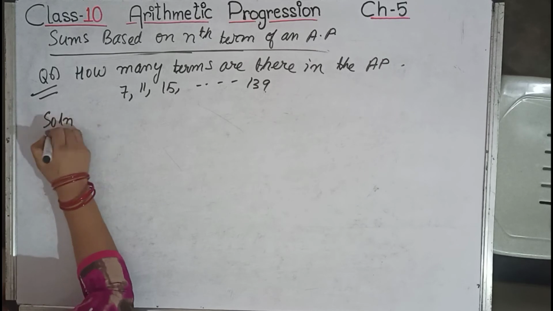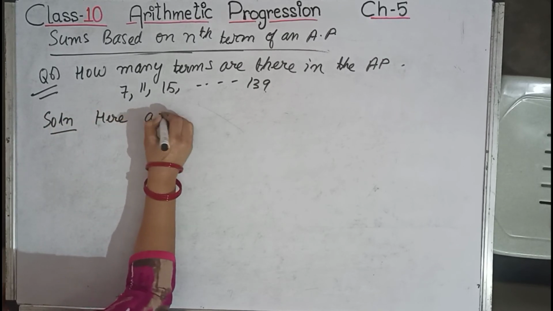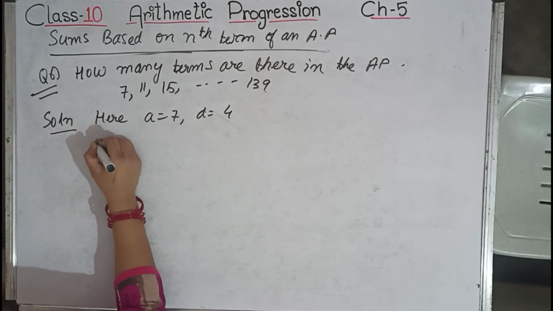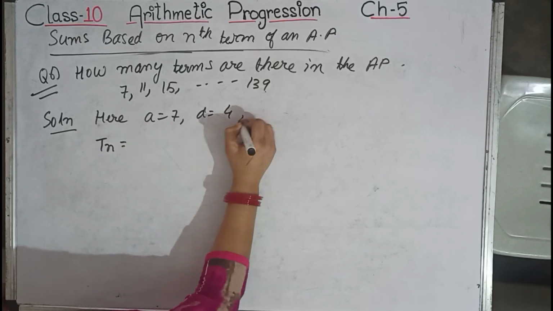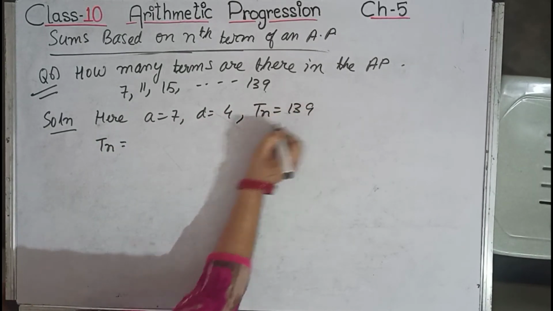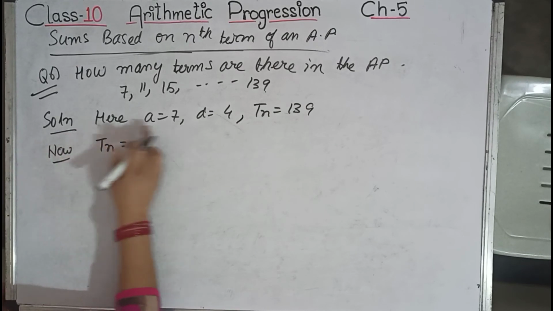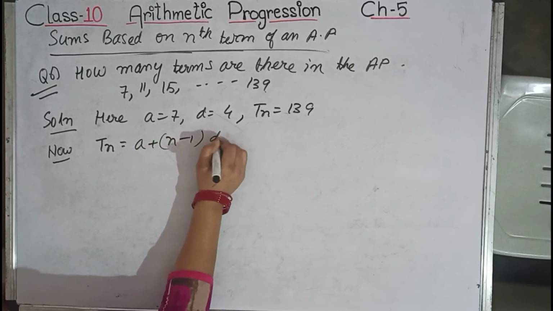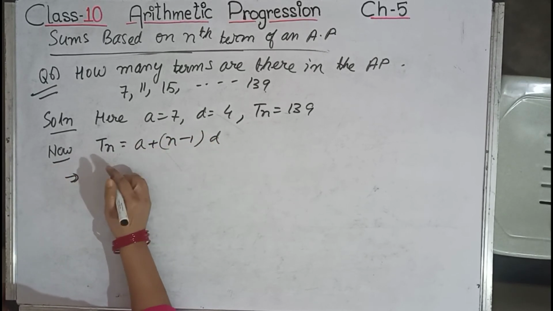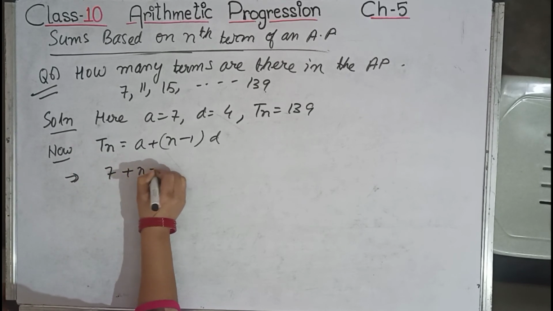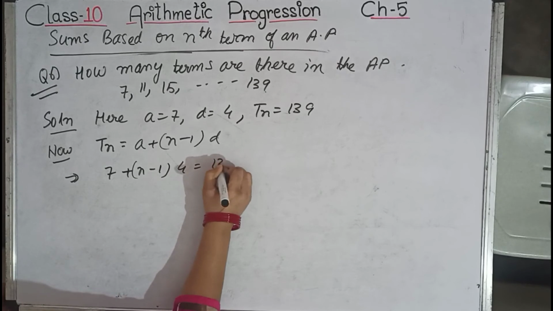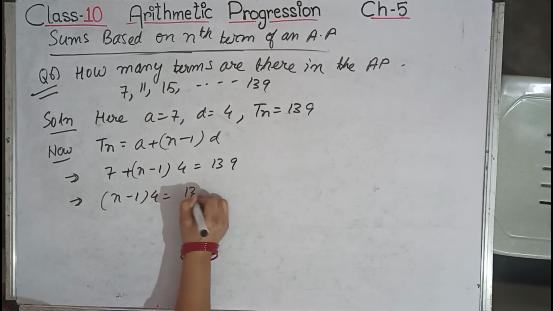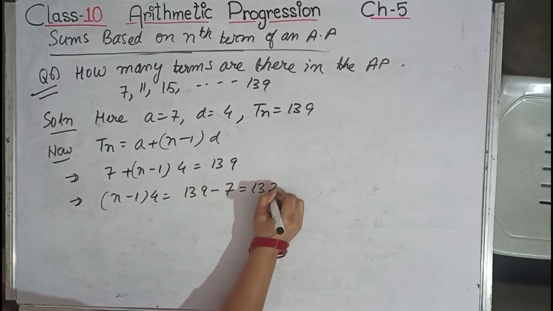So solution here: A equals 7, D equals 4. How many terms? Tn is given, the last term Tn equals 139. Now here you will be writing Tn equals A plus (n minus 1) into D. This implies 7 plus (n minus 1) into 4 equals 139. This implies (n minus 1) into 4 equals 139 minus 7 equals 132.